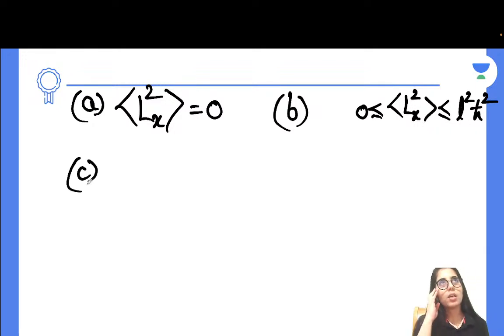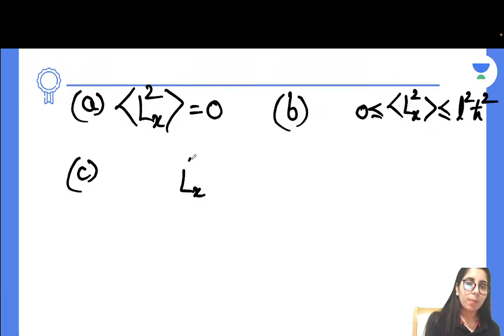It can be asked as a formula based question like this, or it can be asked as a numerical, meaning they can give you the specific values of L and the other terms, and then they can ask you what can be its maximum value, what can be its minimum value, or its range. So this is how you can expect it to be.